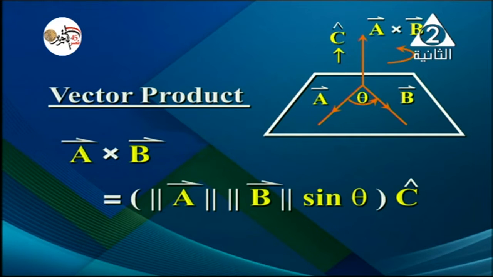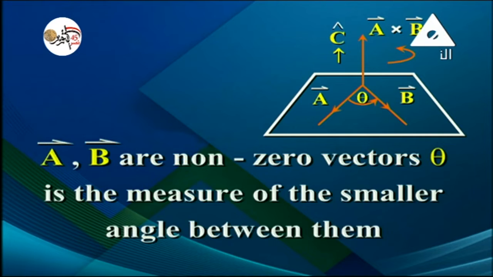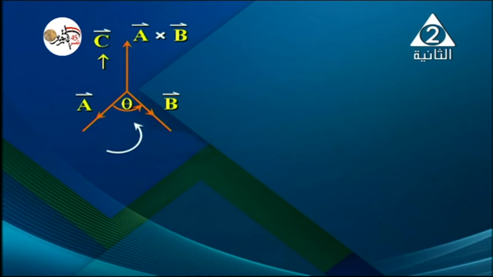But A vector cross B vector means the vector product: norm of the first, norm of the second, times sine of the angle between them. If A and B are non-zero vectors, theta is the measure of the smaller angle between them.